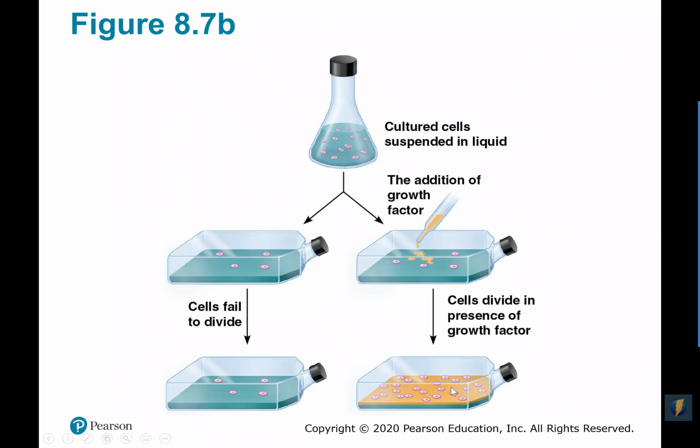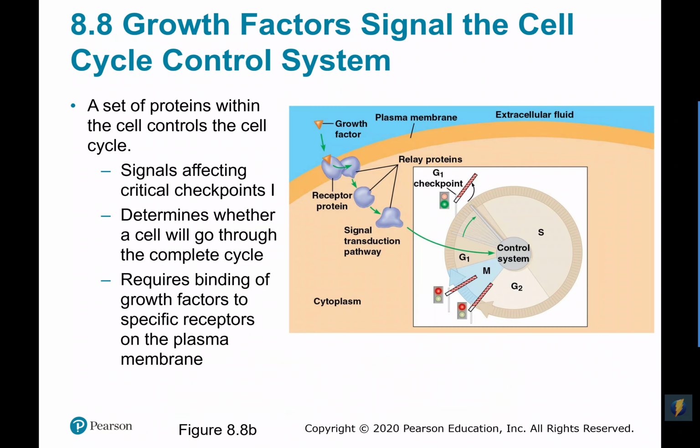If you give them some growth factors, then the cells will divide. And that's essentially what happens in the real world as well, not just in cultures in a lab. We need growth factors in order for our cells to go through mitosis. And so you can see here is a little growth factor.